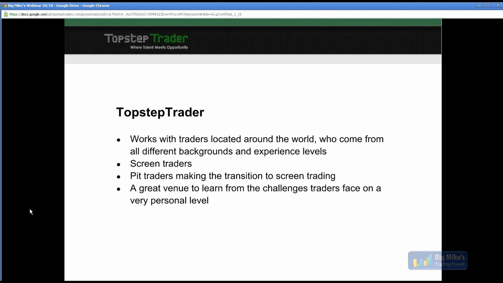Okay, Top Step Trader is a global trading talent scouting agency seeking, developing, and backing talented traders from around the world. Screen traders, pit traders trying to make the transition to screen trading, as I am and have been doing. What this does is it gives us a great venue to learn from the challenges that traders face on a very personal level.